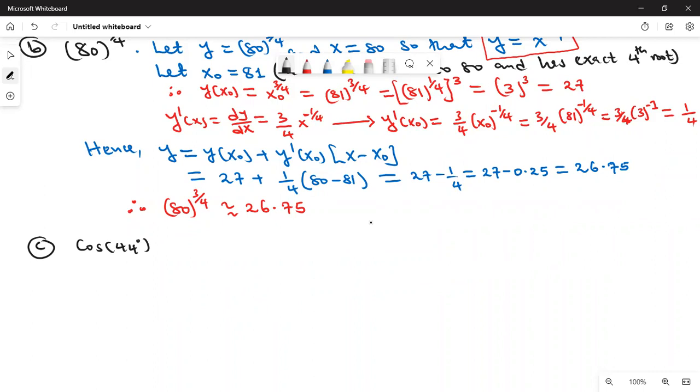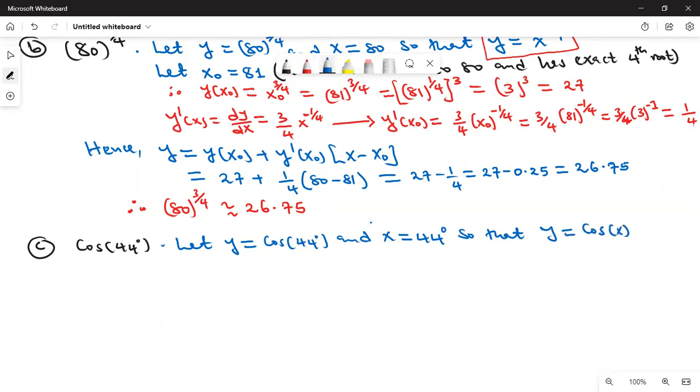So what you do here, the steps are the same. Let y be equal to cosine of 44 degrees and x be equal to 44 degrees so that y is equal to cos x.